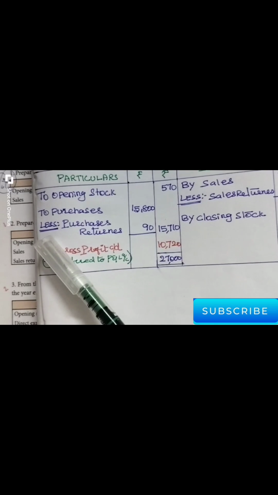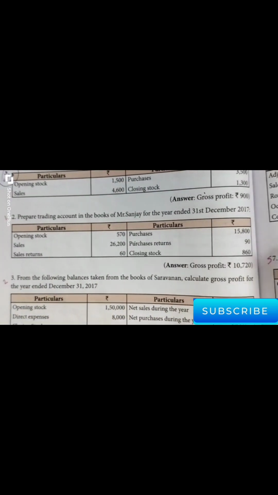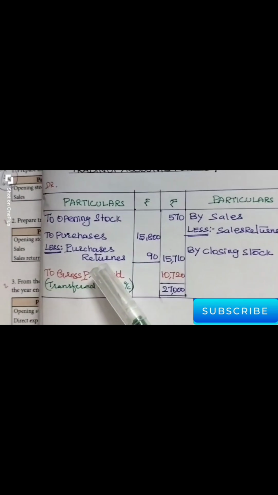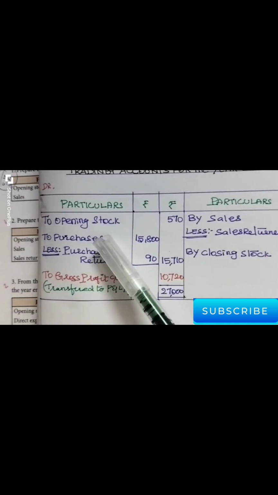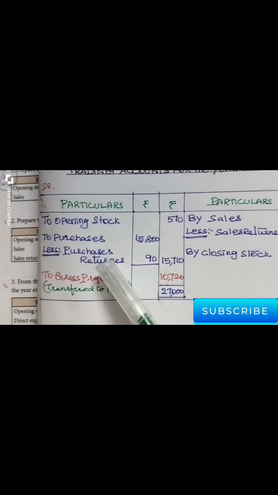Then you write purchases return amount 90. You have to subtract purchases return from the purchases, so you write 'less purchases returns 90 rupees' in the inner amount column.